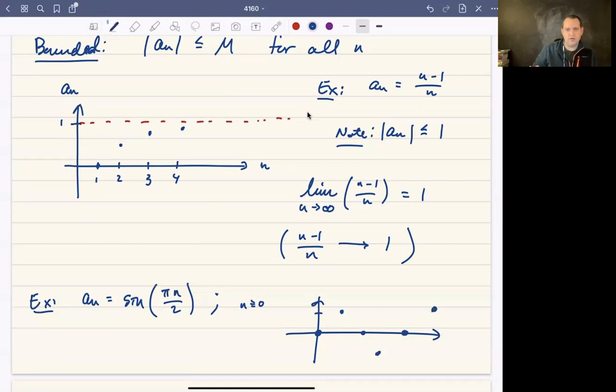And so even though here the terms are bounded, even though the sequence is bounded, it's not monotone. Okay, so it doesn't have to converge.